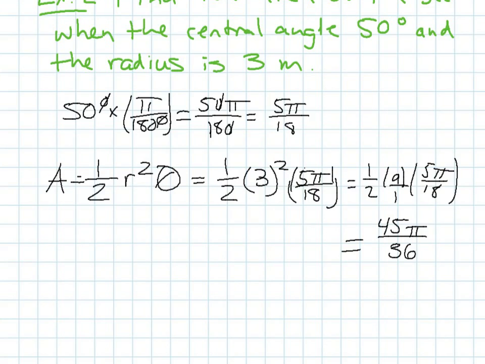I believe each one of these has a 9 in common, so I can reduce by 9. That gives me 5, and that gives me 4. So actually here I get 5 pi over 4, and this one would be in meters squared as my unit of measurement, because we're talking about area.